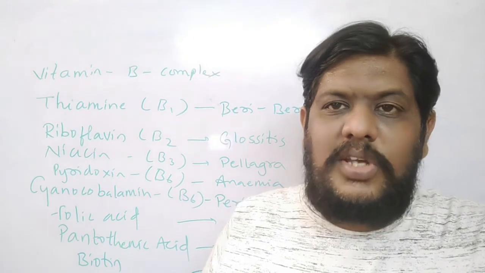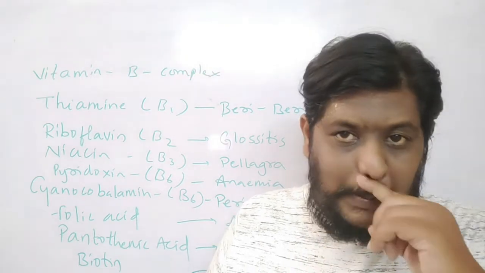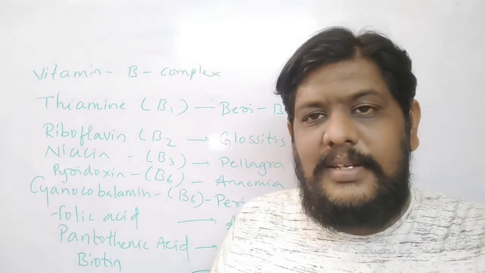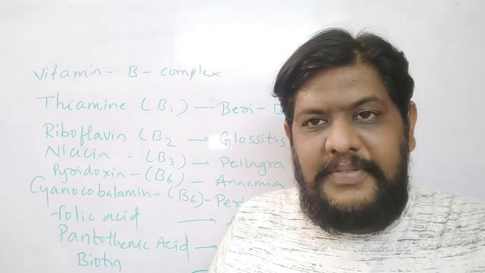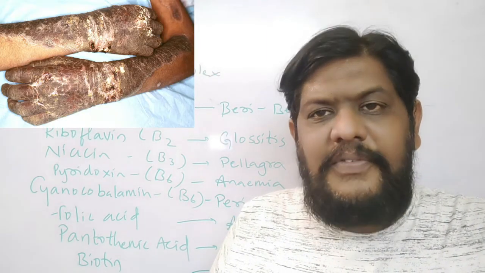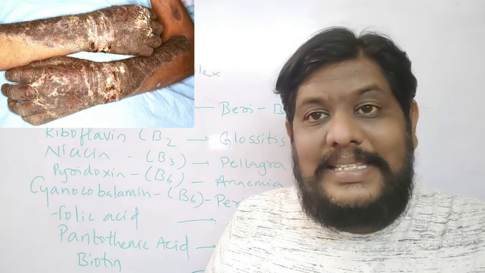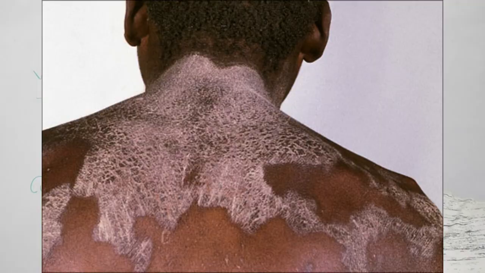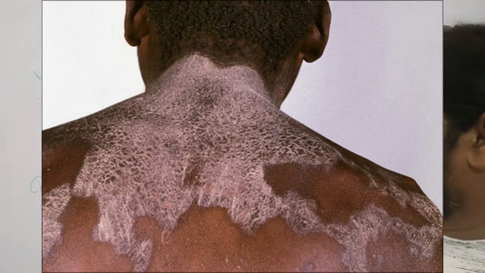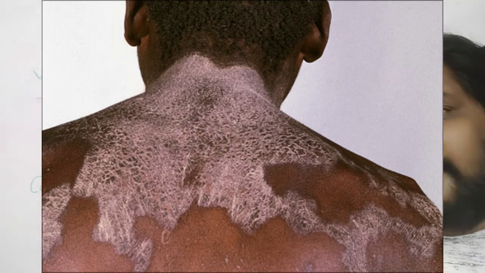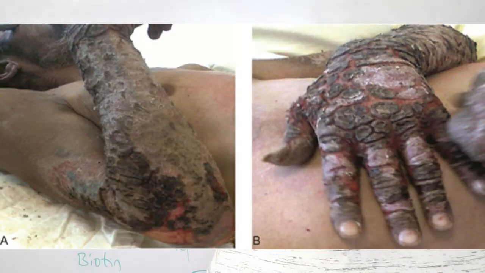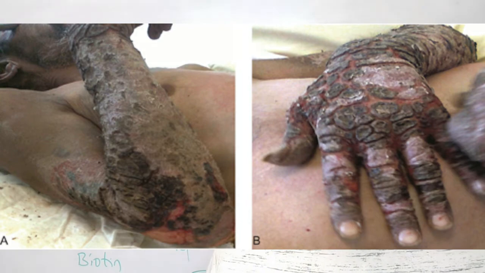Dementia is loss of memory. Sometimes you might have watched the movie called Gajini, where the person suffers from dementia, loss of memory. And then scaly skin, as I have said. So if niacin is deficient in the diet, you will suffer from a disease called pellagra, which is nothing but a kind of scaly skin.